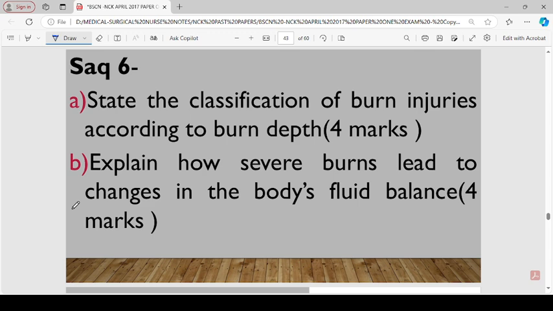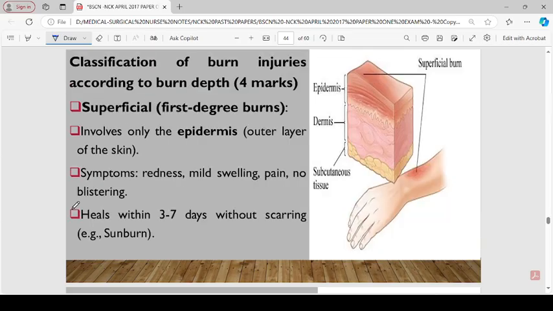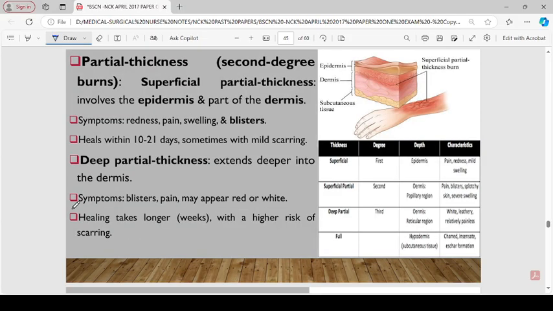Classifications of burns according to burn depth, and also explain how severe burns can lead to changes in the body's fluid balance. Of course, classification of burns according to depth: the first one we have is first degree burns, which involve only the epidermis. Then you have the partial thickness and deep partial thickness.